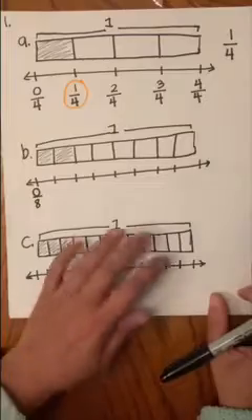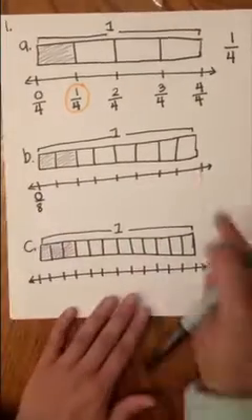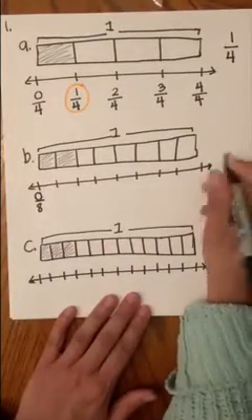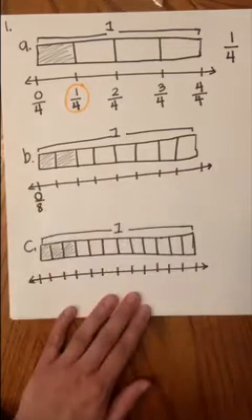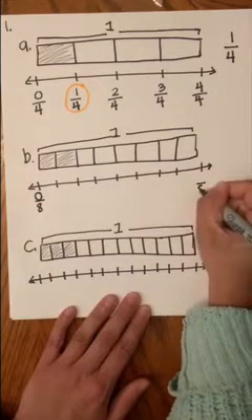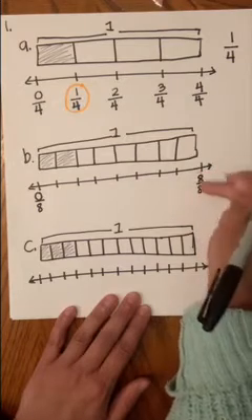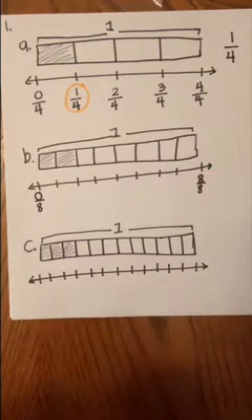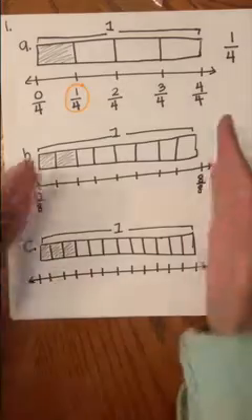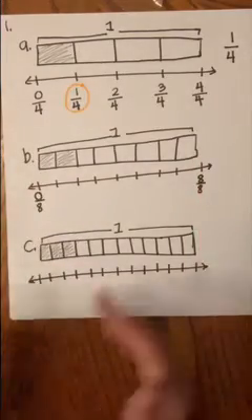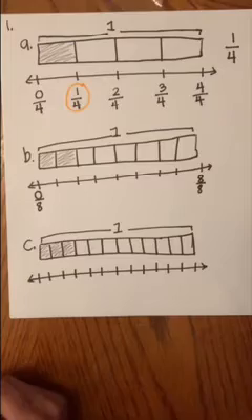I can even be sneaky and label the last one because I know my whole is 8ths. So I know that it's going to be 8/8 because that's one whole. That's my whole tape diagram. That's my whole number line.